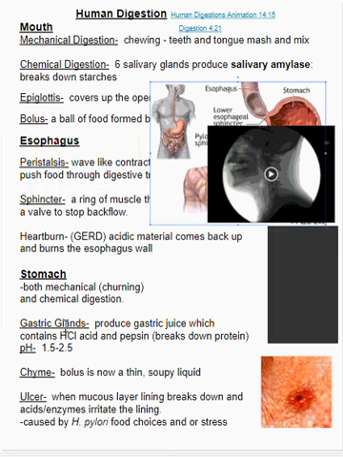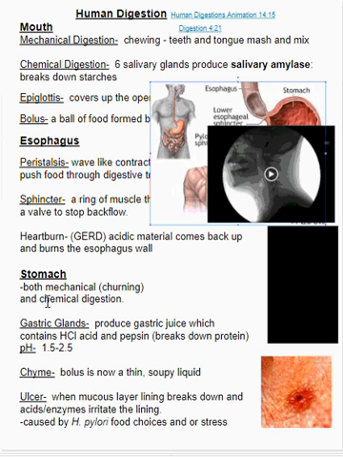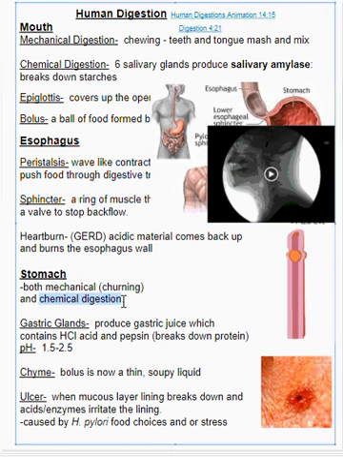Since the food just reached the stomach, the stomach is responsible for churning, and that churning mixes the mushy food material into a paste called chyme. There is going to be mechanical and chemical digestion occurring in the stomach because the stomach produces gastric juice that is secreted into the stomach.